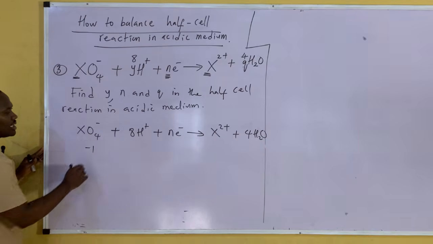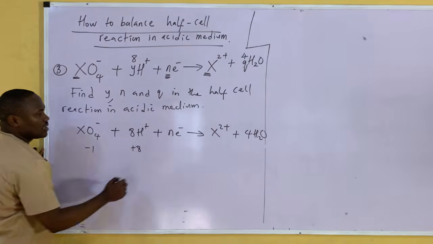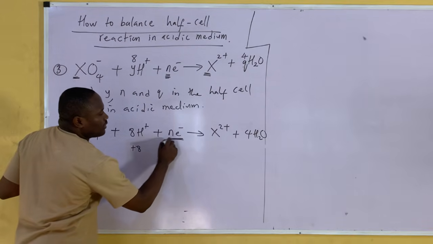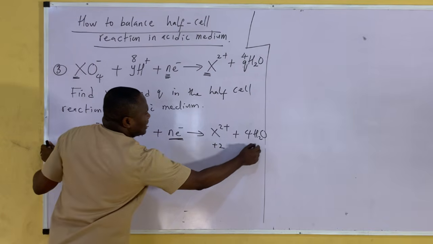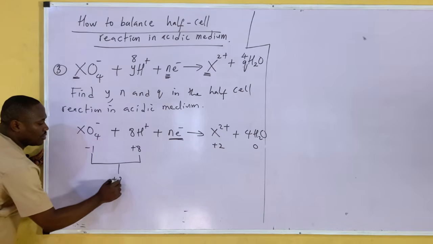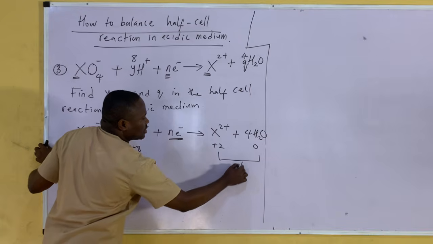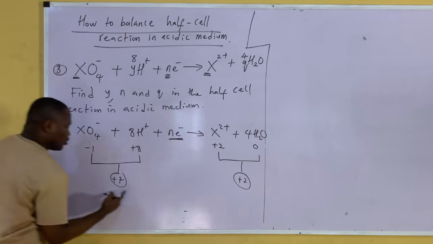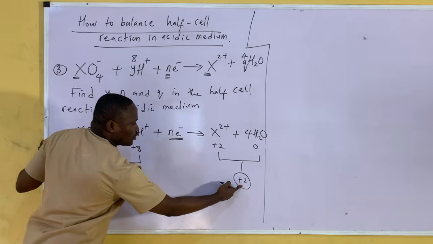Total charge here is -1. Total charge here is plus 8. I don't know the number of electrons here, but the total charge here is plus 2 and everything here is 0. -1 plus 8 is plus 7, and plus 2 plus 0 is plus 2. So I have plus 7 here and plus 2 here.